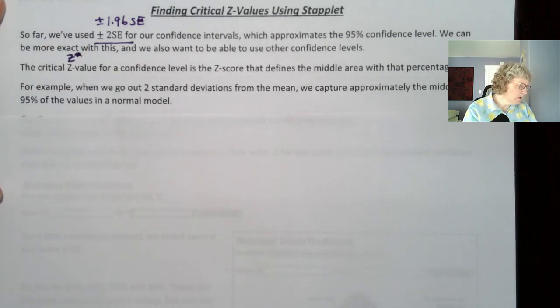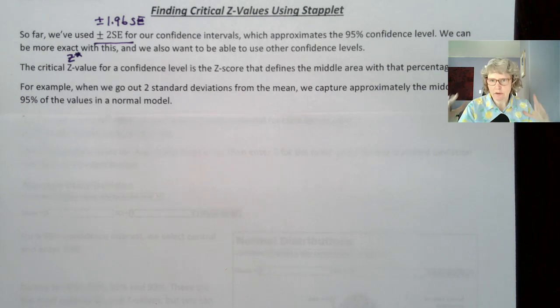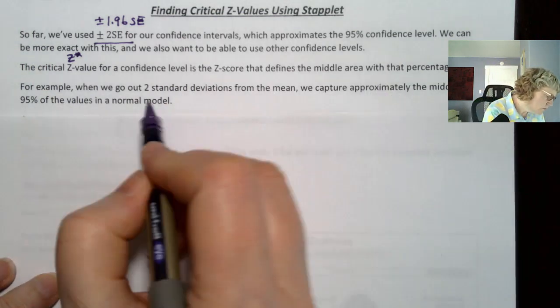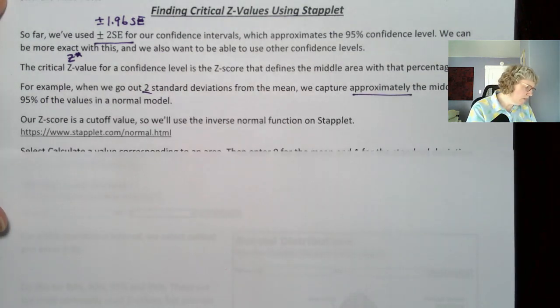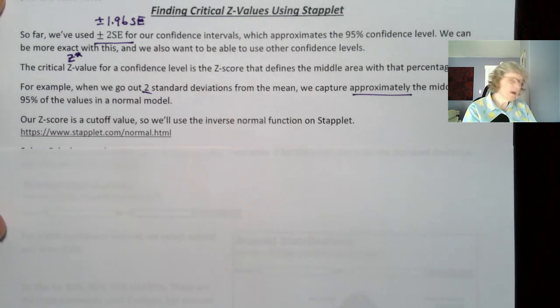So for example, when we go out 2 standard deviations from the mean, we're capturing approximately the middle 95% of the values within that model. And we're saying that's pretty good. We're cutting off the extremes, right? And we're capturing that middle 95%. And 2 is an approximate value. Okay, so the z-score is a cutoff value, and we've learned about calculating cutoff values.